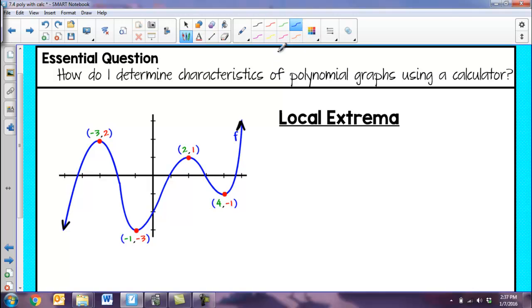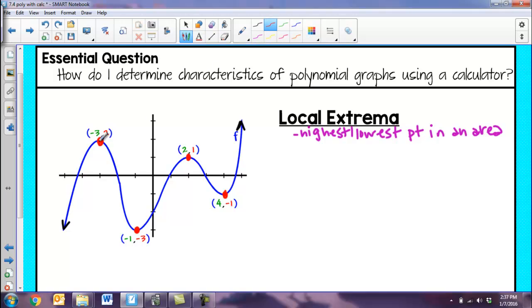Now, I can, however, talk about local extrema, because these points that are red right here are important aspects of the graph. And what we call those are the local extrema, or the relative max or the relative min. So they are the max and min of that area. So basically, a local extrema is just the highest or lowest point in an area of the graph. So if I was asked to find a relative min or relative max, let's start with our maximums.